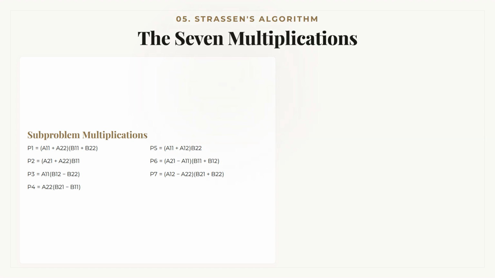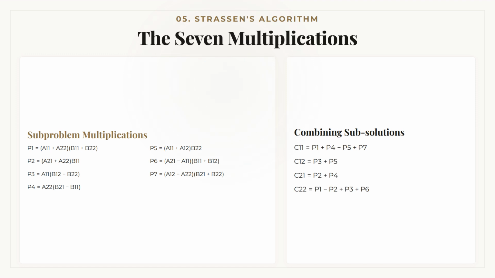Therefore, Strassen's algorithm reduces the complexity from O(n cubed) to approximately O(n^2.81). This was a groundbreaking result because it proved that matrix multiplication could be performed faster than cubic time.